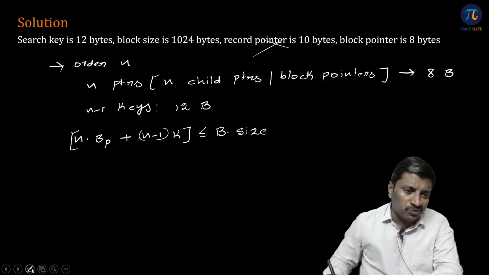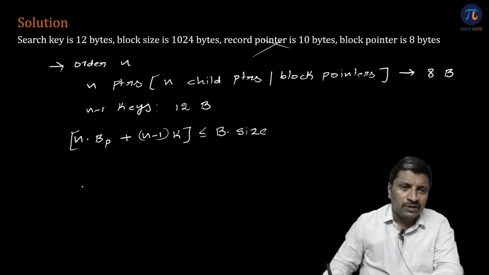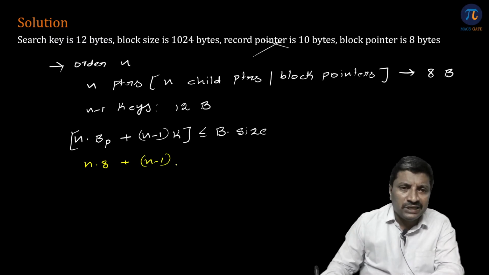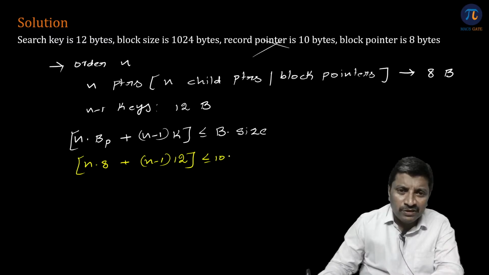Now let us substitute the values. The n value we don't know, sir. Block pointer is 8 bytes. n minus 1 into the key size. The key size is 12, sir. So the entire value must be less than or equal to the block size. What is the block size, sir? 1024.